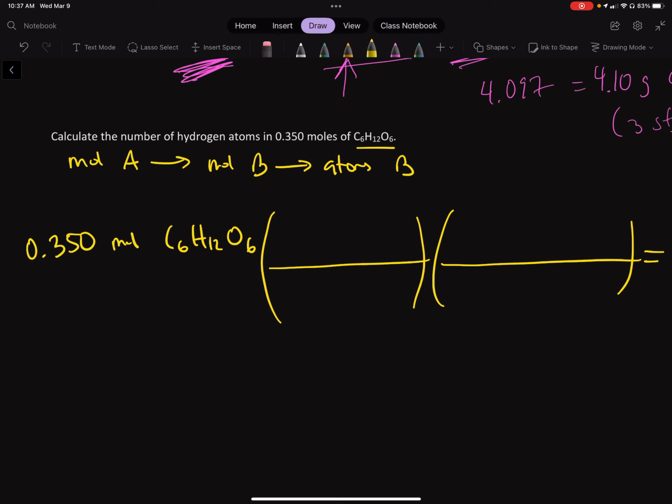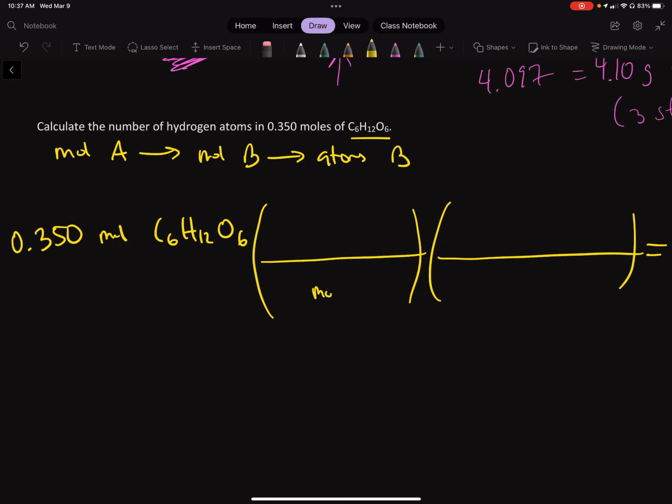The first one is going from moles of A to moles of B, so from moles of C6H12O6 to moles of hydrogen. In C6H12O6, for every 1 molecule of that, there are 12 hydrogens. So moles of C6H12O6 are going to cancel.